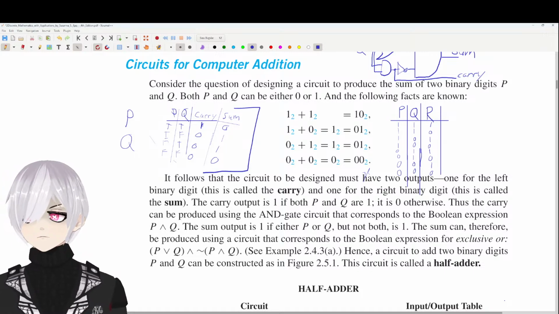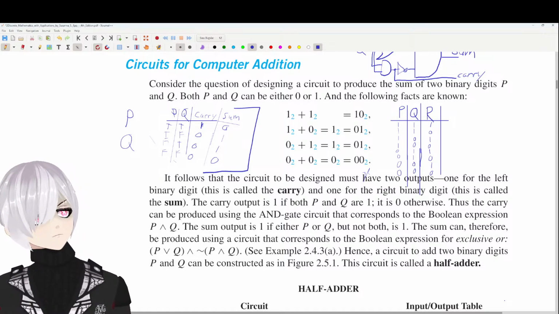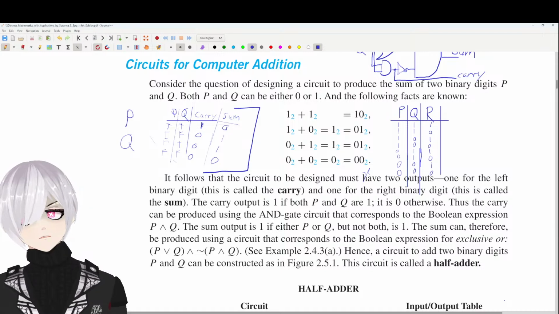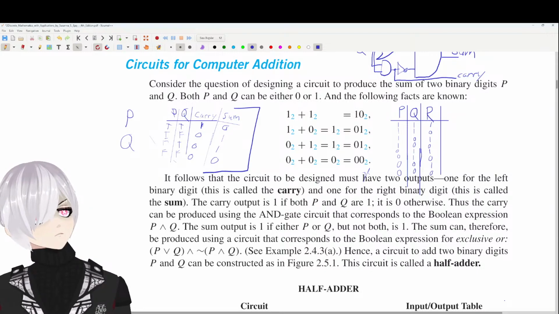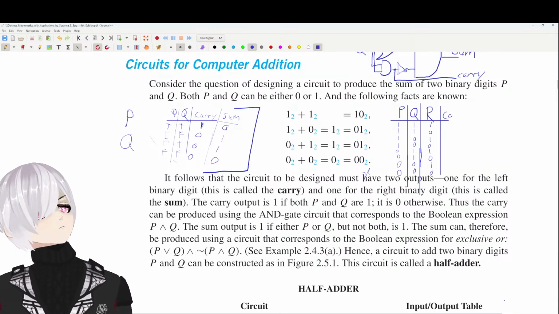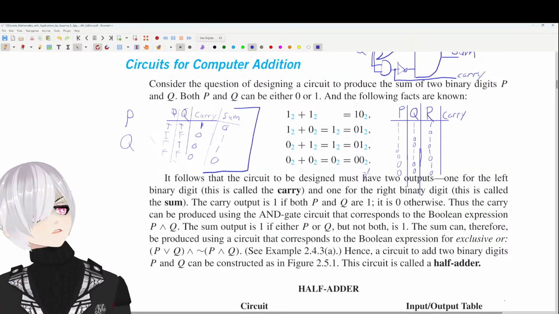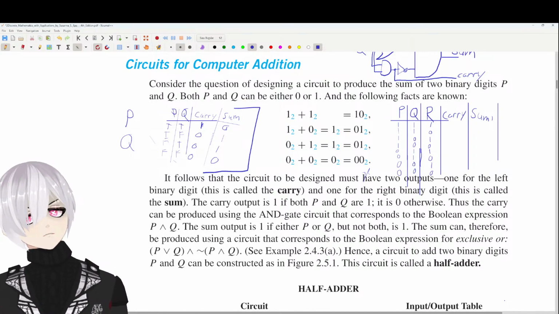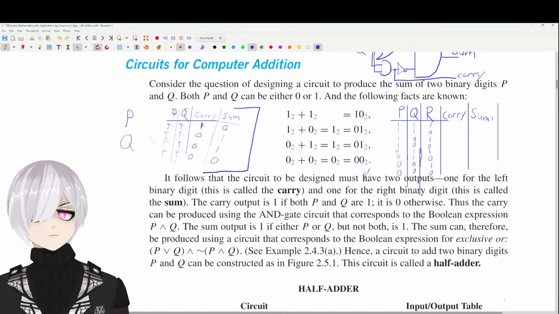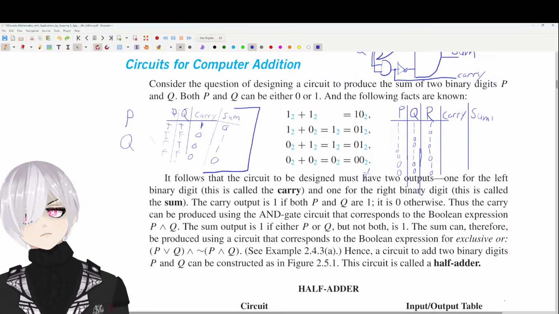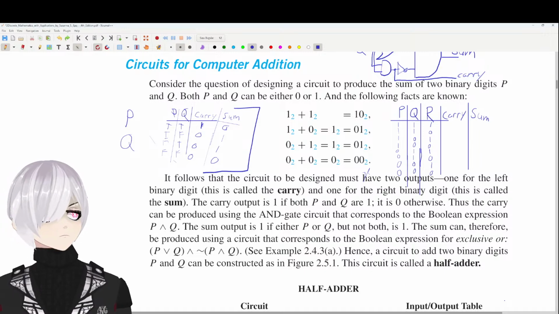Yeah, and I think they're going to do that in the next part. Oh, really? Yeah, that one involves a full adder, apparently. I wonder how it's going to turn out. From this, it just looks like you would have a carry, a sum one, and a sum two, but maybe that doesn't make sense.